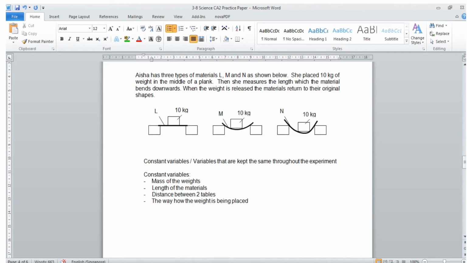Some of you might say, oh, we take the weight and then throw it onto the middle of the material here. Of course, it will bend more, right? So it's also the way how the weight is being placed. Okay, so that's just about it for constant variable. It's actually quite simple. Yeah.